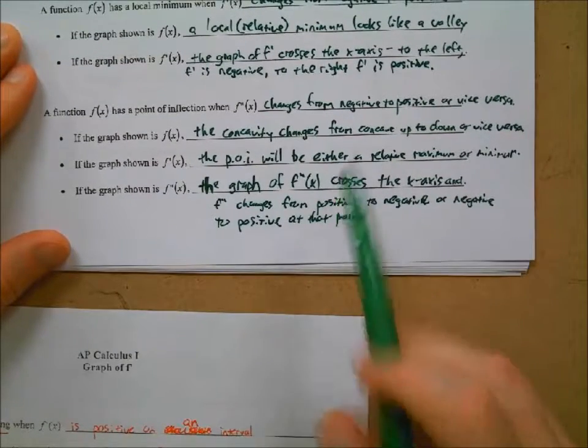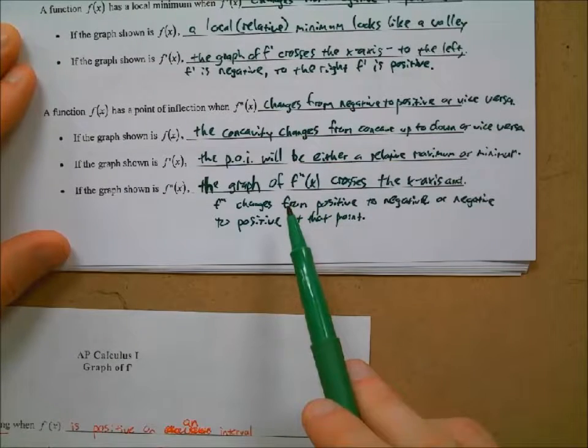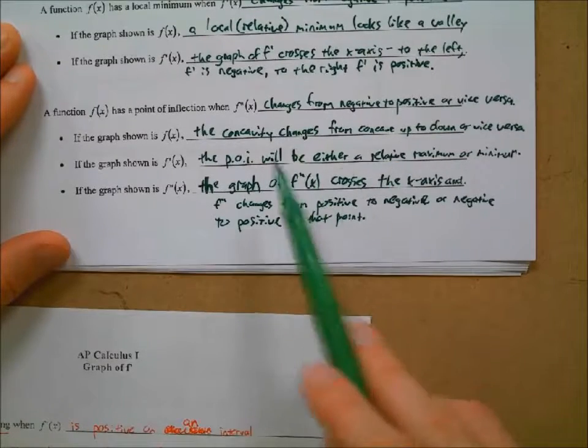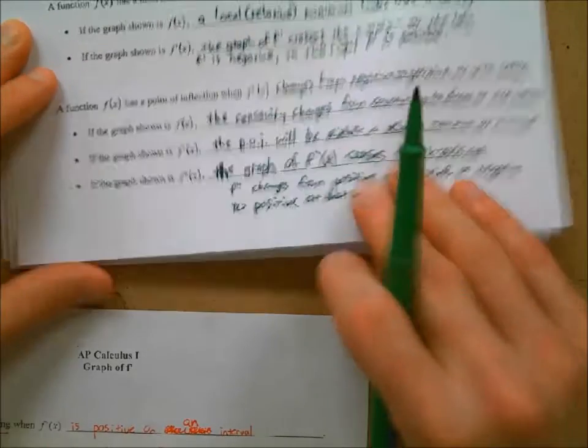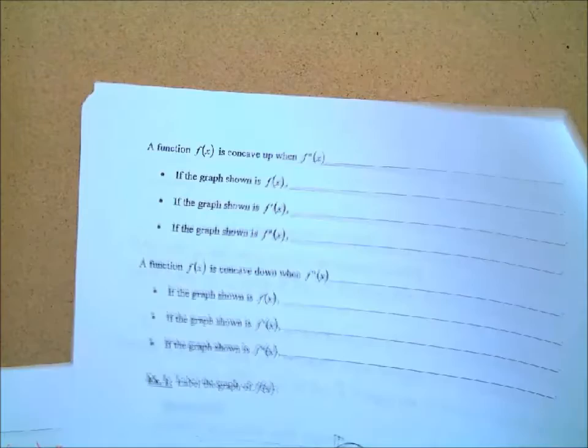So the point of inflection of f shows up in the second derivative as a 0, and the second derivative changes from positive to negative or negative to positive at that point. But it also shows up in the first derivative as a relative maximum or minimum of that first derivative. Okay? All right. Let's finish these up here, and we'll move into some examples so we can actually see this in action rather than just having a bunch of words thrown at us.